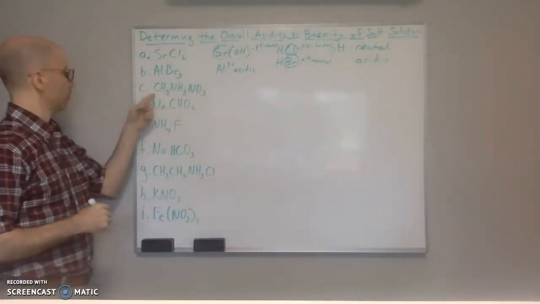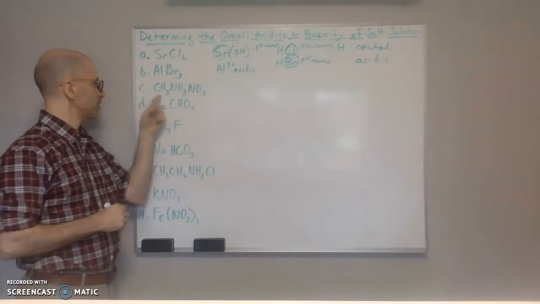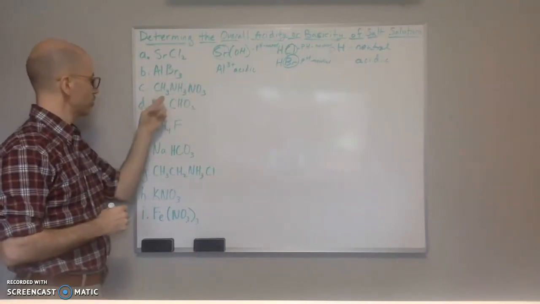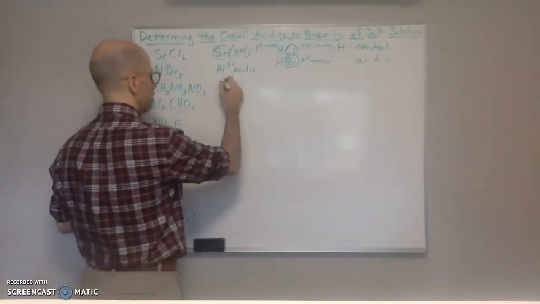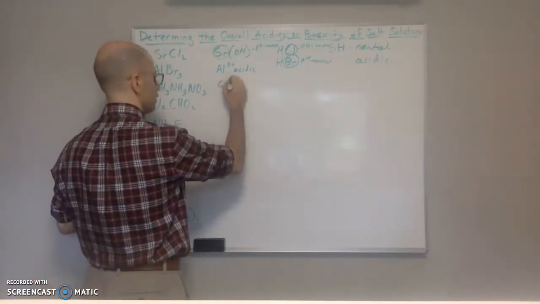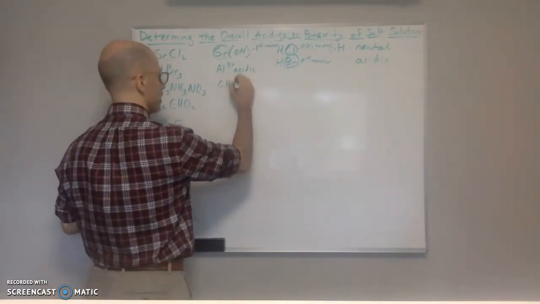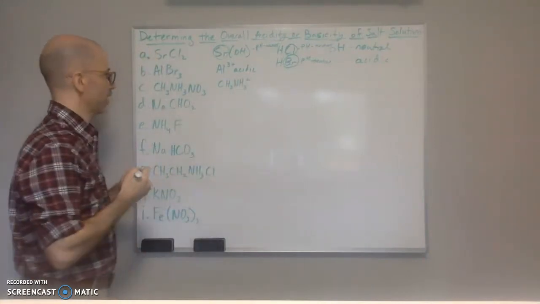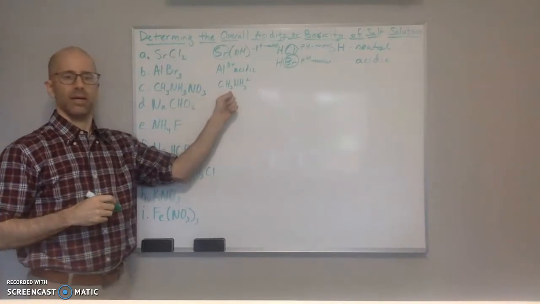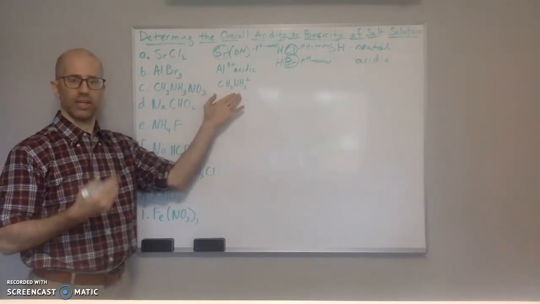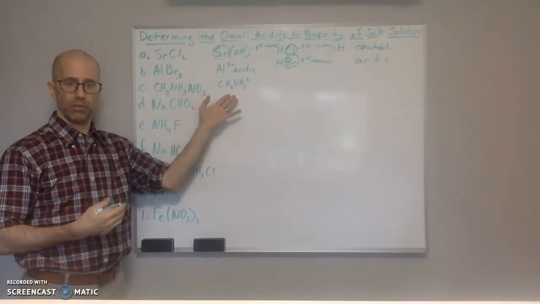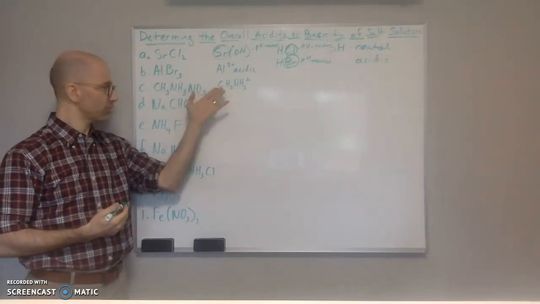Okay, what about C? C, we have CH3NH3NO3. So CH3NH3+, that's an amine. Well, it comes from the amine. It's the conjugate acid of an amine, which is a weak base. So this is a weak acid.